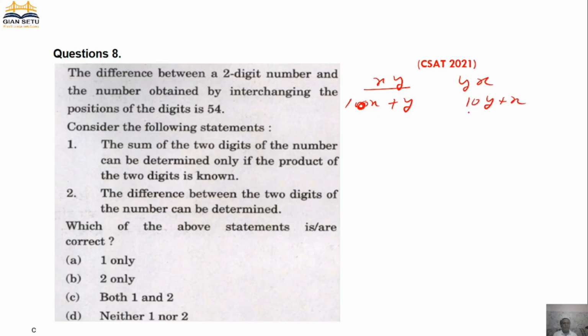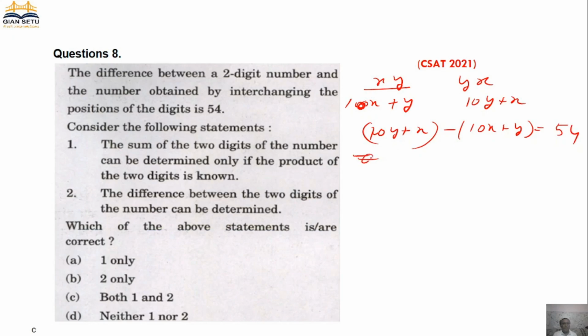Now if we subtract the first number from the second number, then we can write 10y plus x minus (10x plus y). According to the question, this is equal to 54.